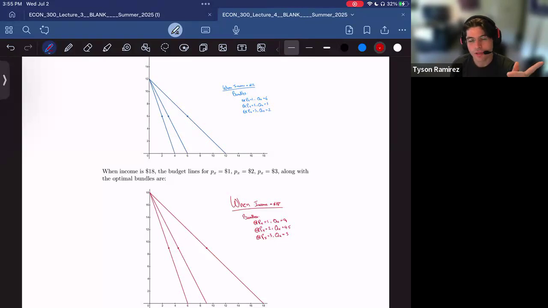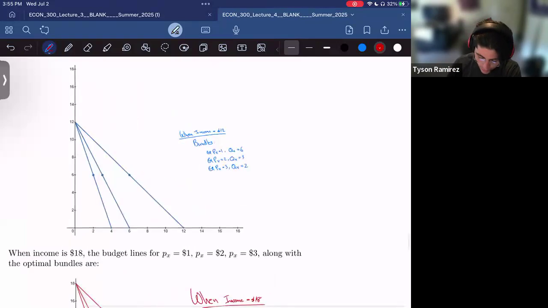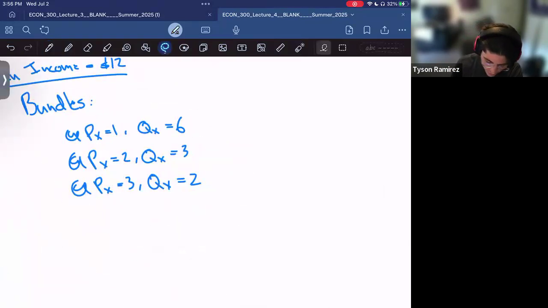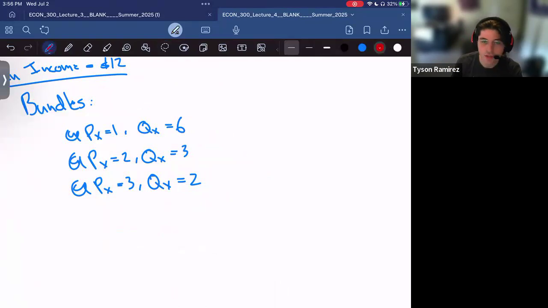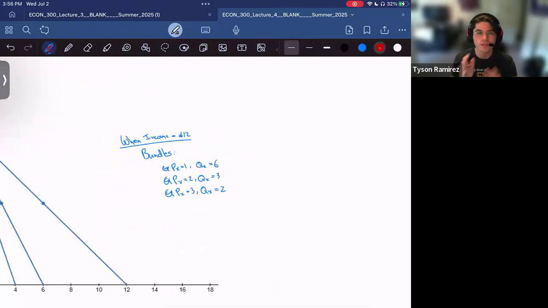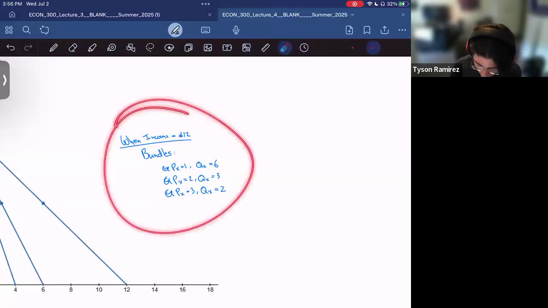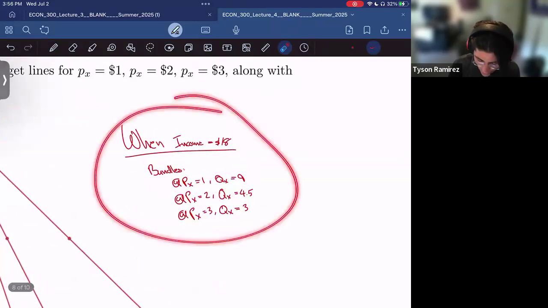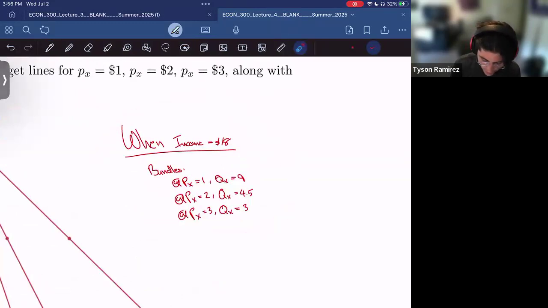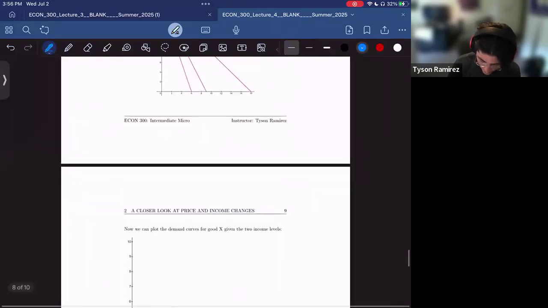And remember earlier that we plotted the demand function by plotting these points. All right. Let's go ahead and do that. Let's compare. What does the demand function look like when income is $12? And then let's plot what the demand function looks like when income is $18. Let's go ahead and do that. I've given us space to do that here.